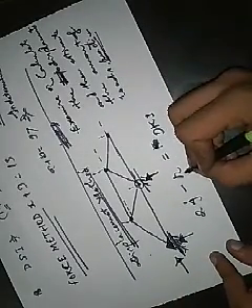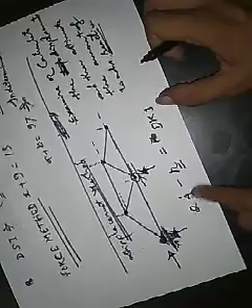Suppose here we can calculate R is 3 in number and J is 1, 2, 3, 4, 5 joints. So there will be 10 degrees of freedom minus 3 reactions.